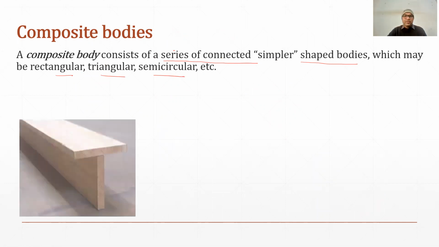So if we take an example of this wooden section, the cross sectional shape of this wooden section is T. So that is the composite area. Now this composite area consists of two regular figures. One is this rectangle and the second one is this rectangle. So this composite body is made up of two simple rectangle shapes.